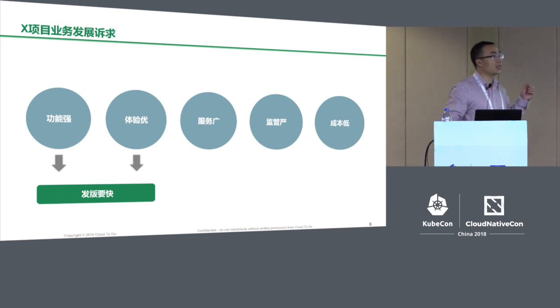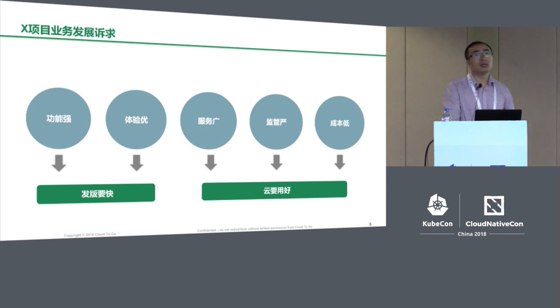So we can classify it into two different scenarios. First of all is that we need to have fast publishing. We need to have new updated versions. From IT's perspective, we need to be very agile to respond to our business development. And the second classification is our clouds need to be easy to use.